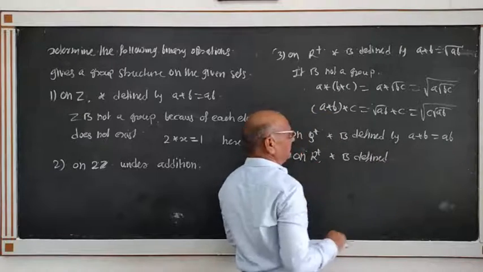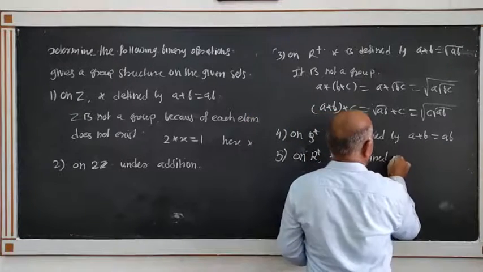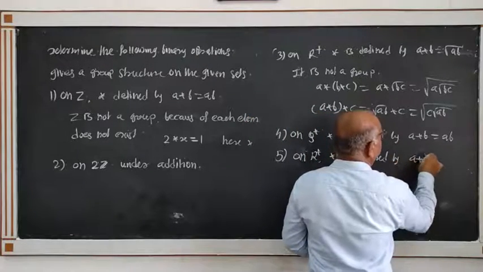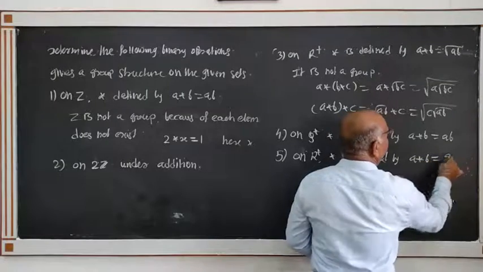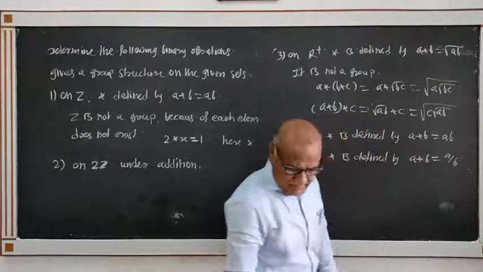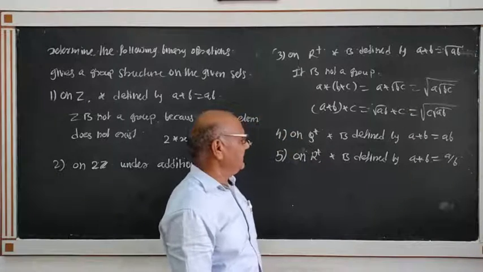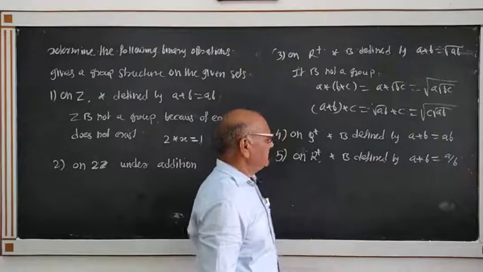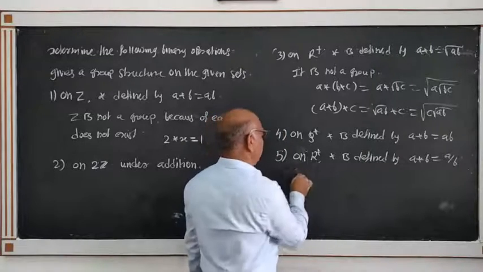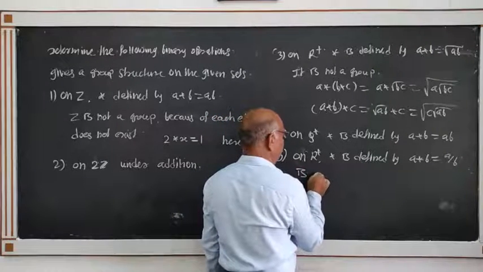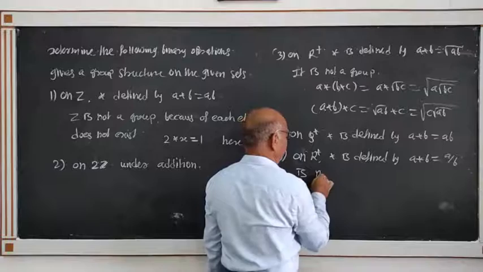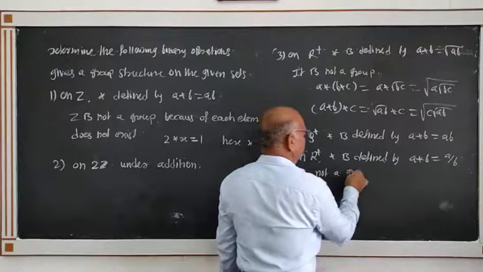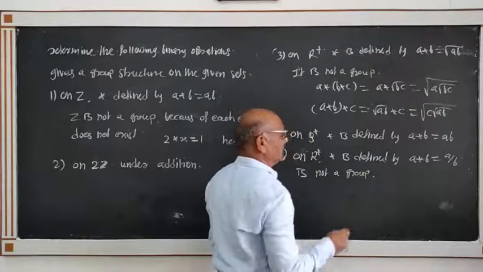R star means the set of non-zero reals, by a * b is equal to a/b. This is also not a group, because the associative property is also not satisfied.